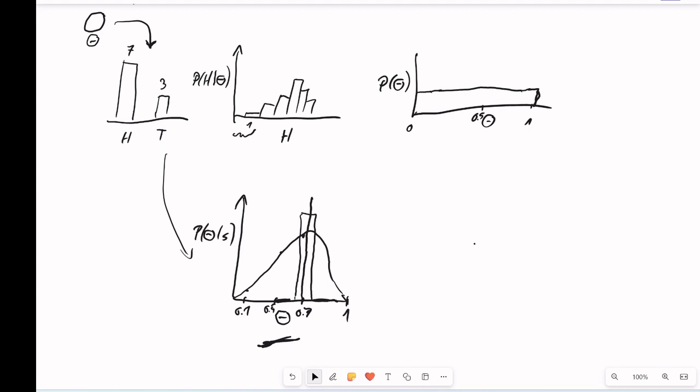Now we're going to incorporate the results of our coin flip. So for this, we're going to say again on the x-axis different values of our parameter theta. And then we're going to plot the probability of observing a certain sample given these values of theta.